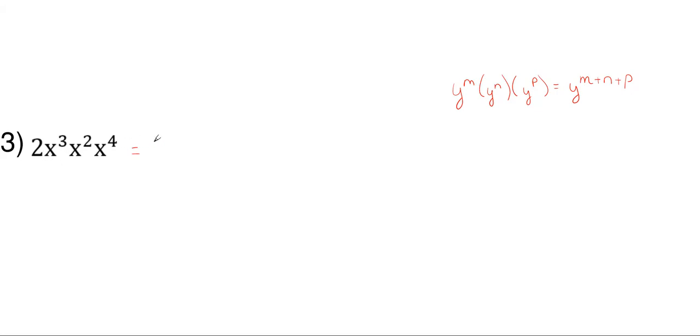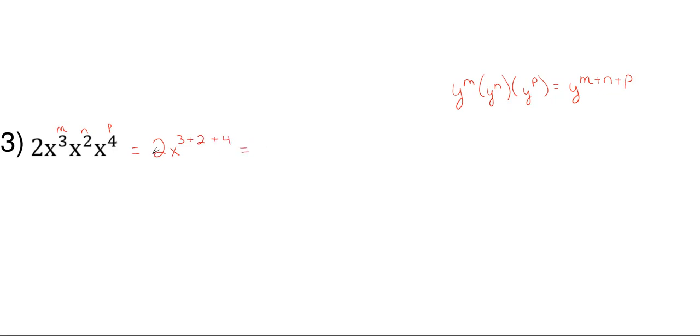So once again, we would carry our 2 through. We would call this first one m, this second power n, and the fourth power we'll label as p. So this would be my variable x, and it would be my m, which is 3, plus my n, which is 2, plus my p, which is 4.